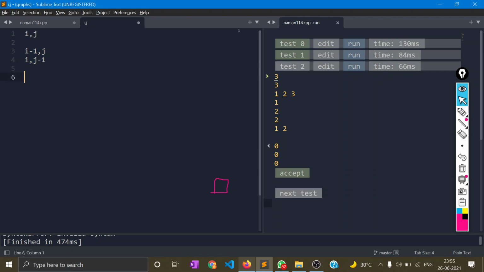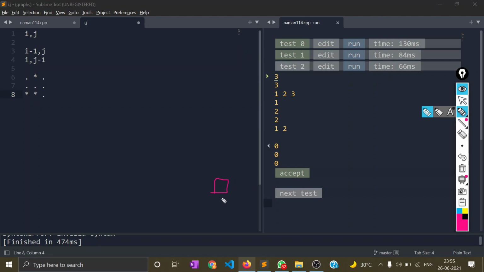Currently, suppose a 3 cross 3 grid: dot, dot, star; dot, star, dot; and so on. It actually looks like a 4 to me. So let's see how I would traverse from this point.